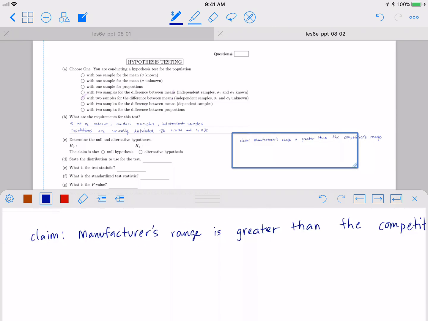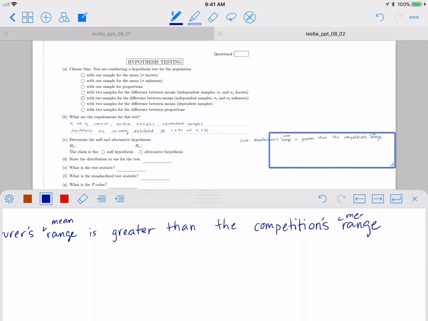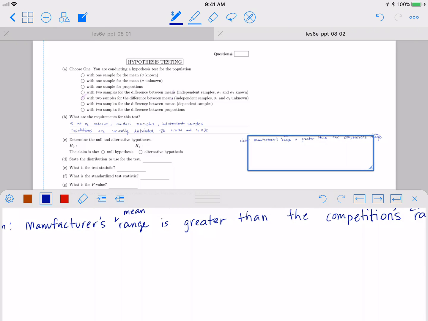Okay, now how do we translate this into a mathematical statement? Well, first I'm actually going to put in here mean, right? Competition's mean range, because remember we just talked about how in order to determine the range for a product, you're actually taking the average. Okay, so to translate this into a mathematical statement, we'll have mu1 is greater than mu2, and now mu1 is going to be the mean range of manufacturer, and mu2 is going to be the mean range of the competition's phone.